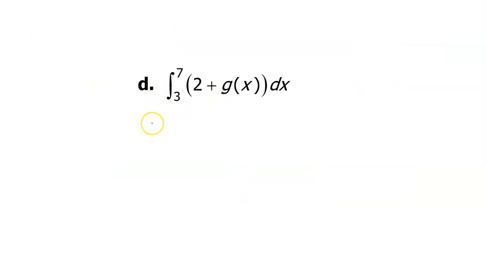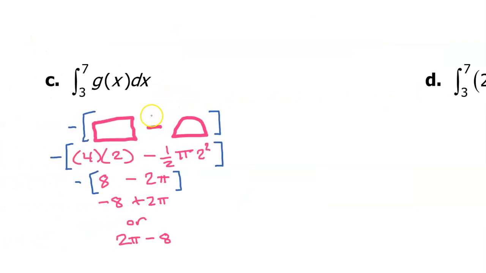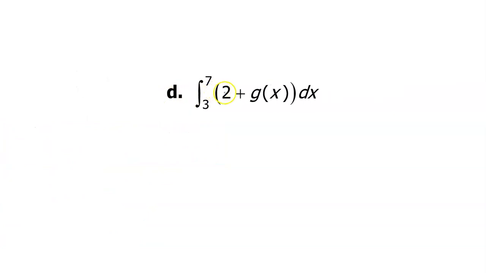Part D is very similar to Part C. In both cases, we have the integral from 3 to 7, and we have function g. The only difference is we have this 2 in here. So we've learned that we can evaluate the integral term by term.